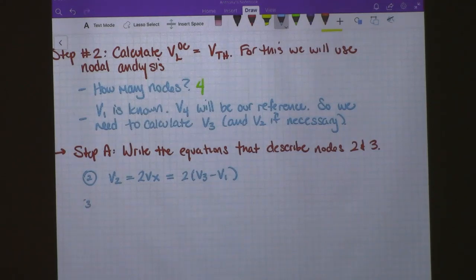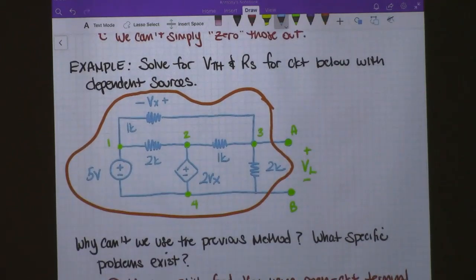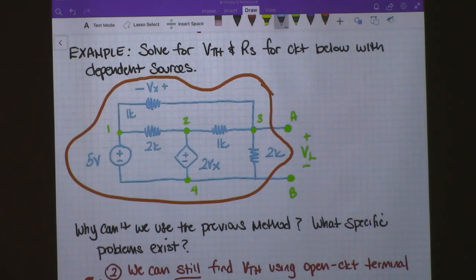What's going to be our equation for node number 3? I would start off with the I, so I would do like I13, I23 minus I34.